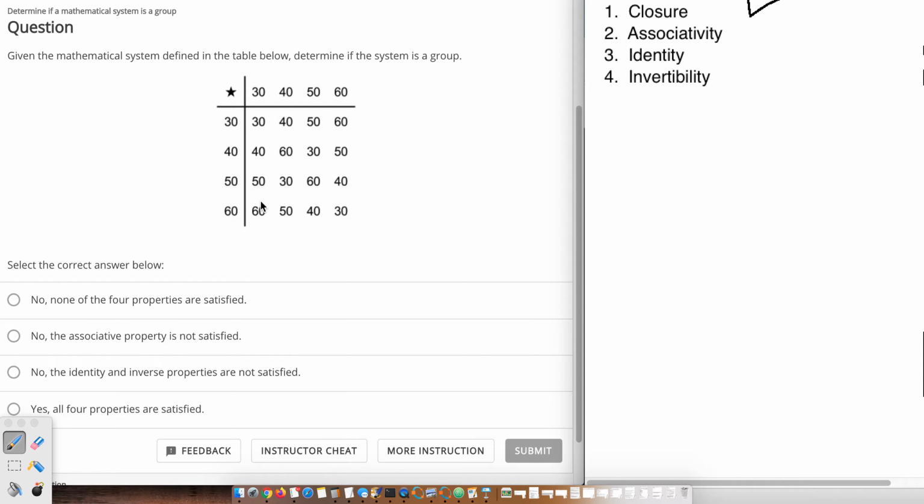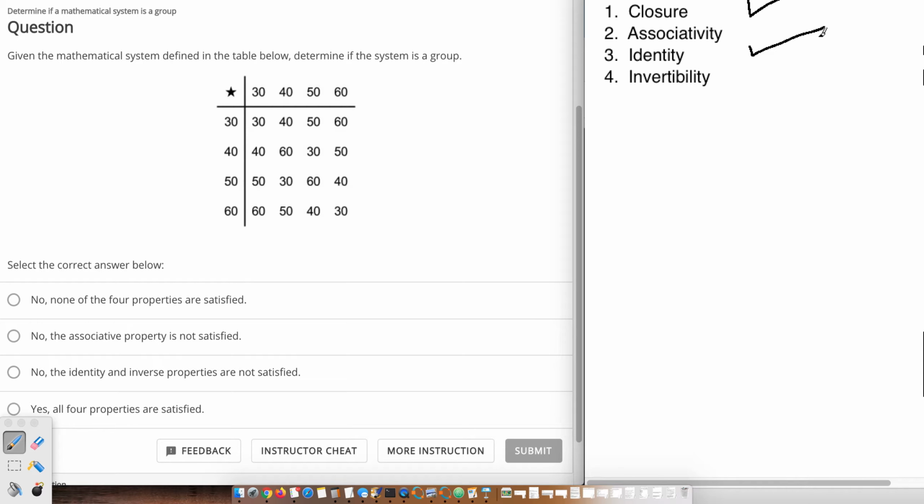And if you go across the row for 30, it's spitting out the element you pair it with. So 30 looks like it's the identity element. We have an identity element, so we can check that off.